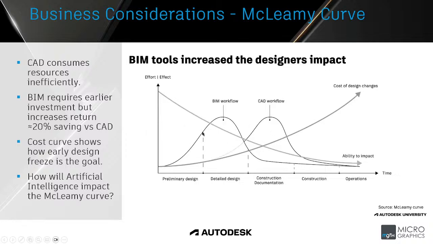So right about on this dotted line, that's where the client will sign off on the design freeze and say, I'm happy with what you've proposed in the preliminary design, get on with it.